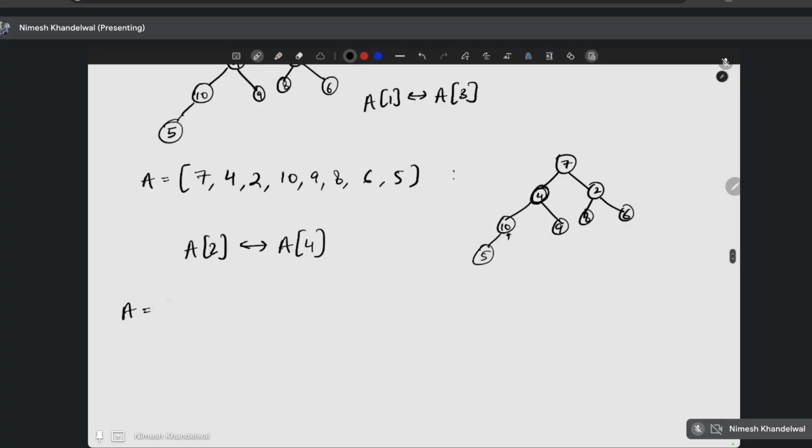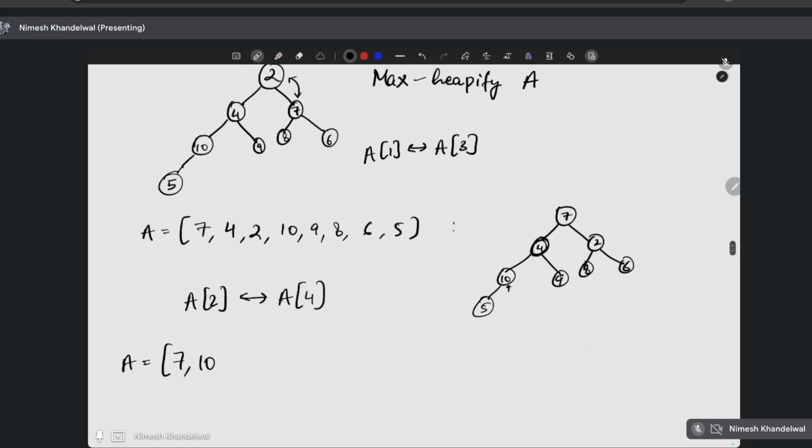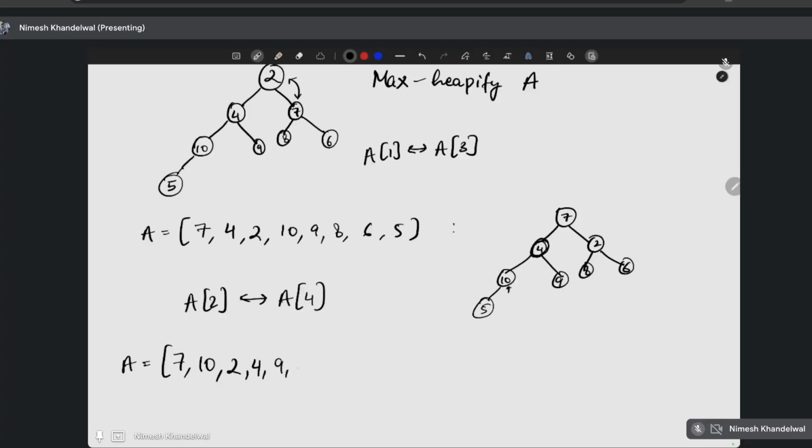Right, so after this replacement, A is 2, 4, 8, 6.